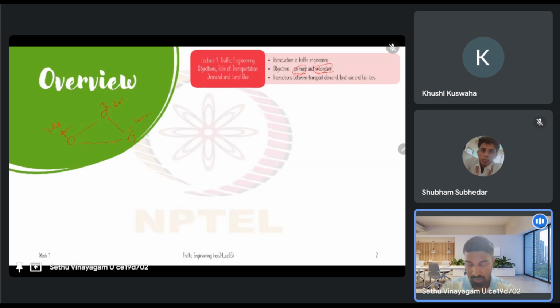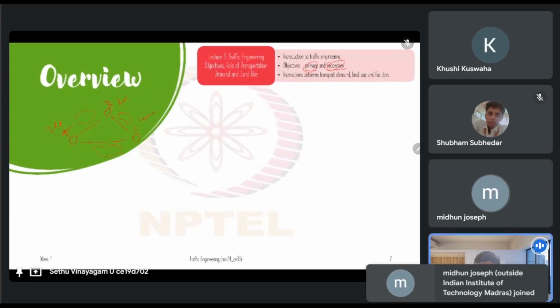So what happens when there is a transportation need? We provide the facilities. When we provide the facility, the land that is adjacent to the transportation facilities, the value of those locations will improve. When the value of those locations improves, some activities will take place there.